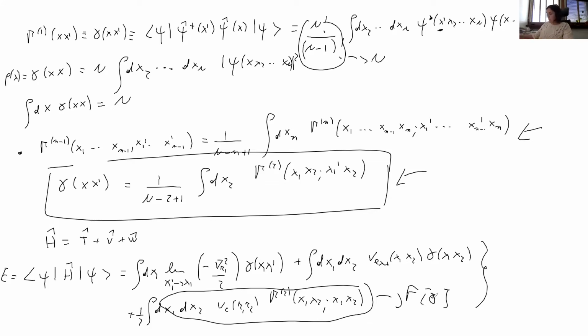And RDMFT makes the choice to work with gamma 1 as the basic quantity and to apply simple conditions for the energy minimization, okay? So, how do we do this?